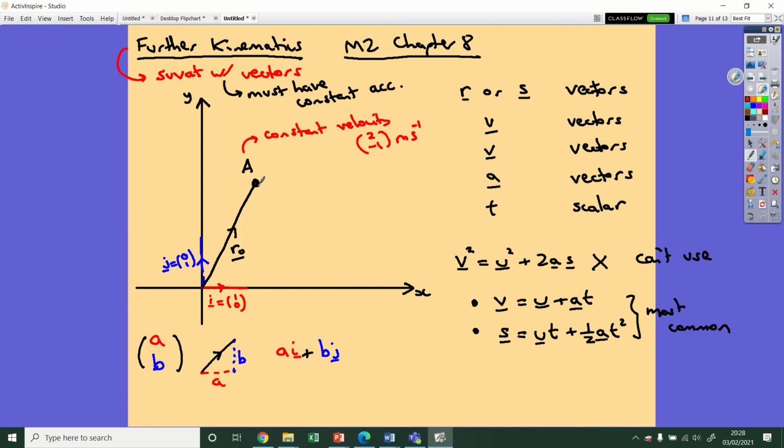So after a single second of time, we're going to be traveling along 2, minus 1 to get to here. And that gives us our position after 1 second. Then after another second, we do another 2, minus 1 and get down to here. And so on and so forth.